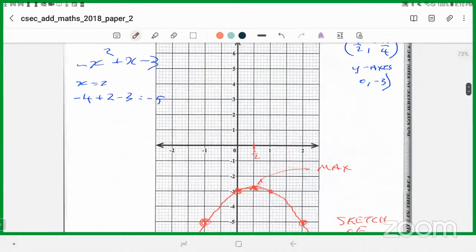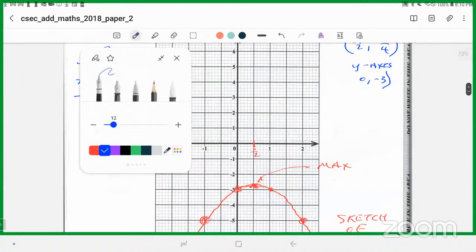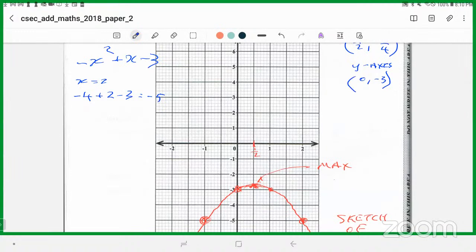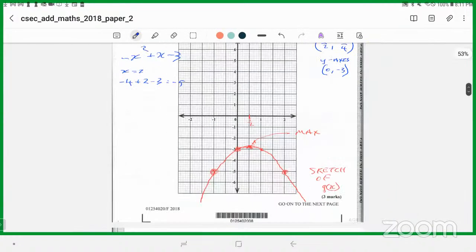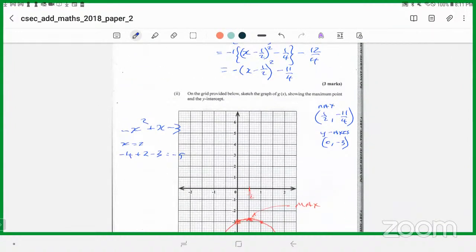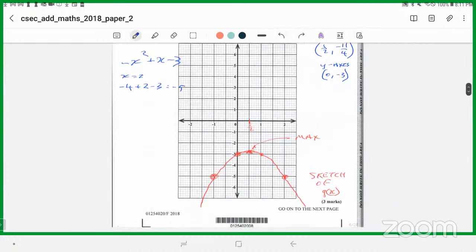Right? And this is my y-axis intercept. I'm leaving it there as well. So these things that I put on the paper here, I'm leaving them and not erasing them. That's my maximum, and this is my y-axis intercept. My actual y-axis intercept as well, I've stated it here, and I've shown it right here, my y-intercept. All right, that is it.